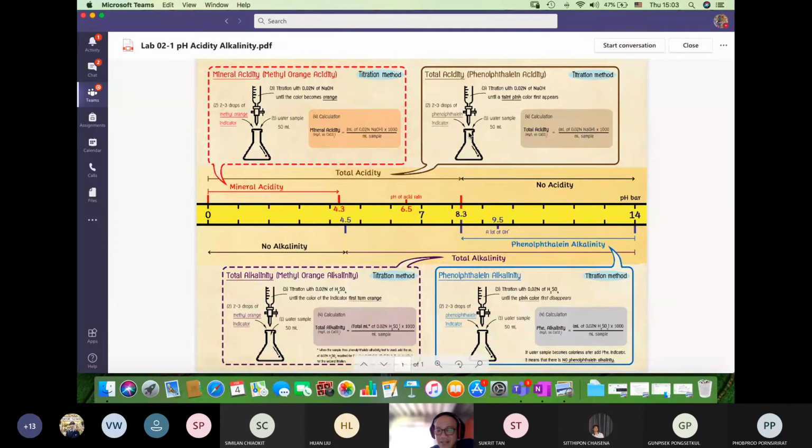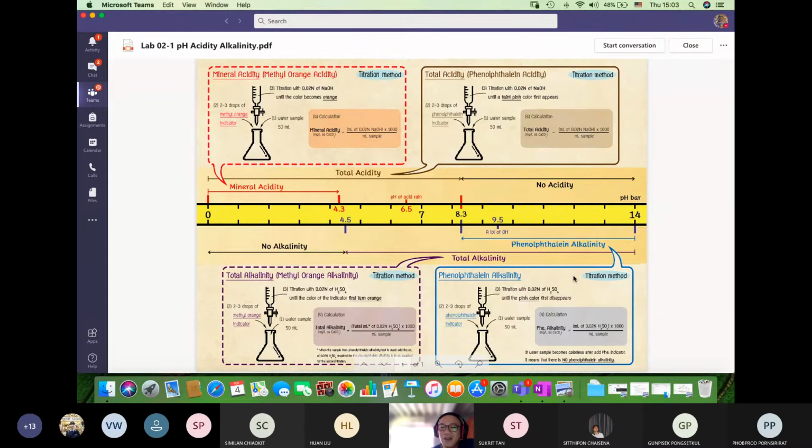We use phenolphthalein, and then we titrate until a faint pink first appears. For acidity, have a look at the pH scale, ranging from 0 to 14. Acidity can be measured only if the water sample has a pH from 0 to 8.3. Above 8.3, there is no acidity.